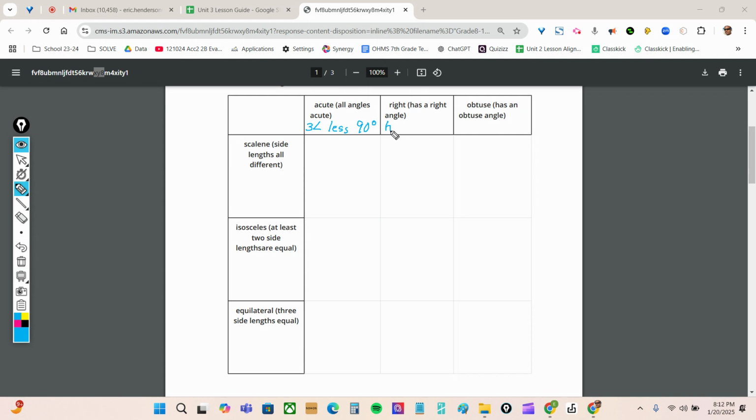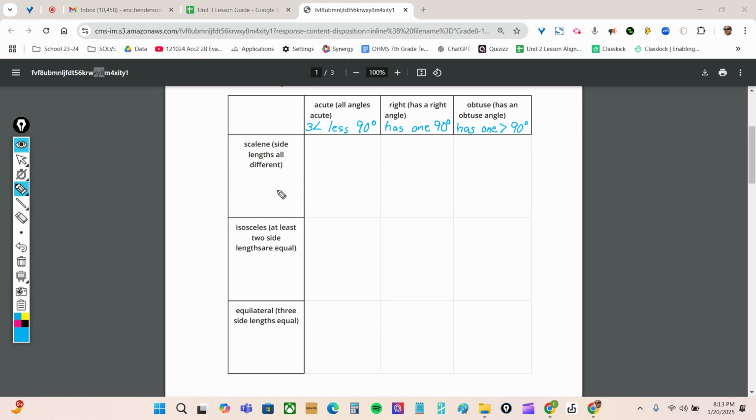Right has one 90 degree angle. Obtuse has one greater than 90 degree angle, and we're obviously talking about angles.